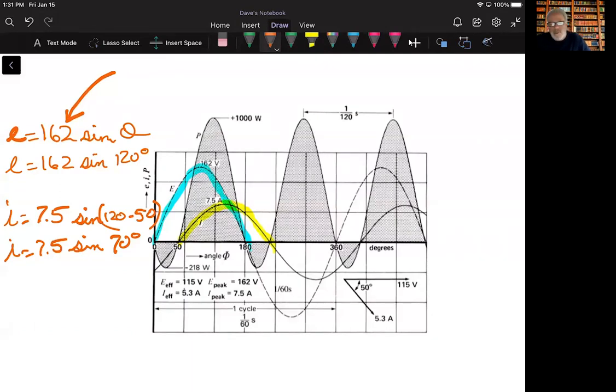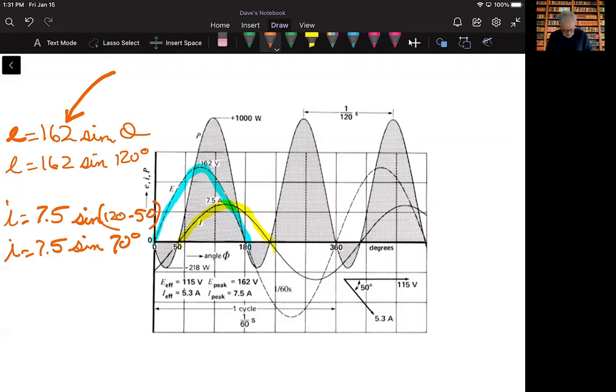So he's just picked one, at 120 degrees. So to find that value, 162 times the sine of 120 degrees, I take my calculator, and you take your calculator, and you make sure you can do these.